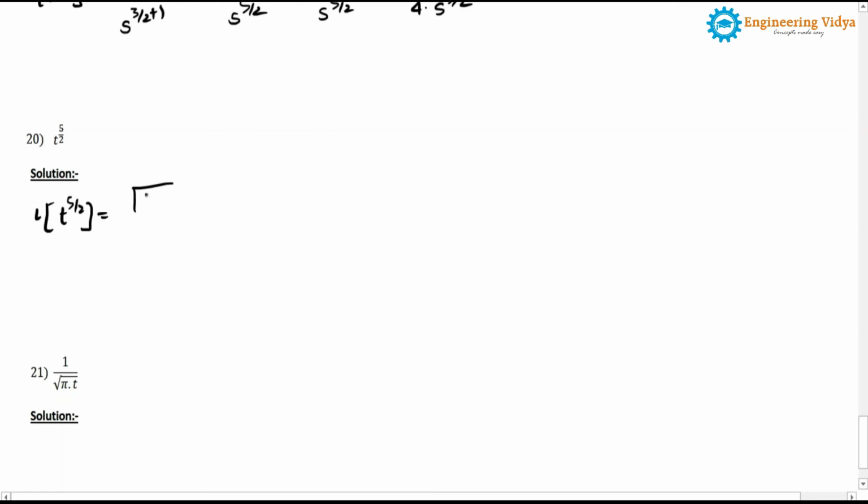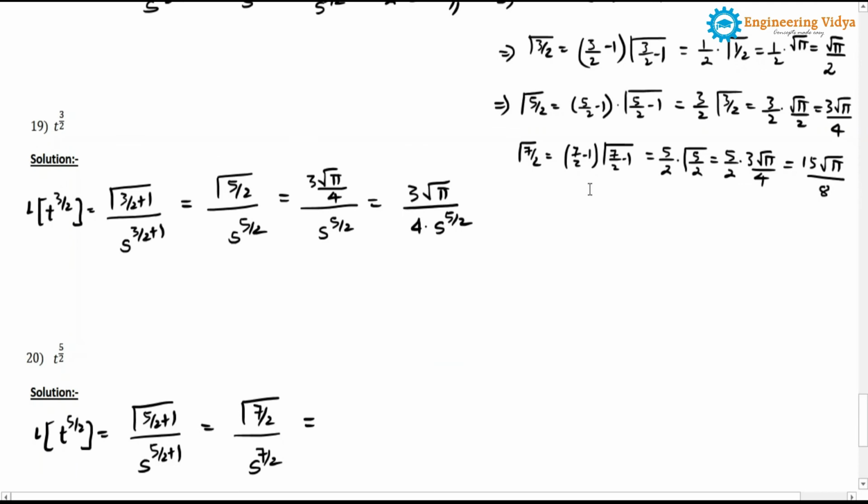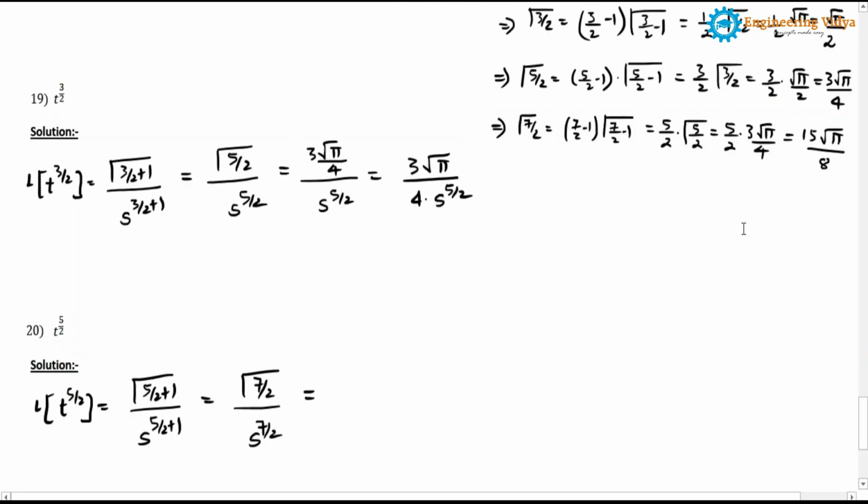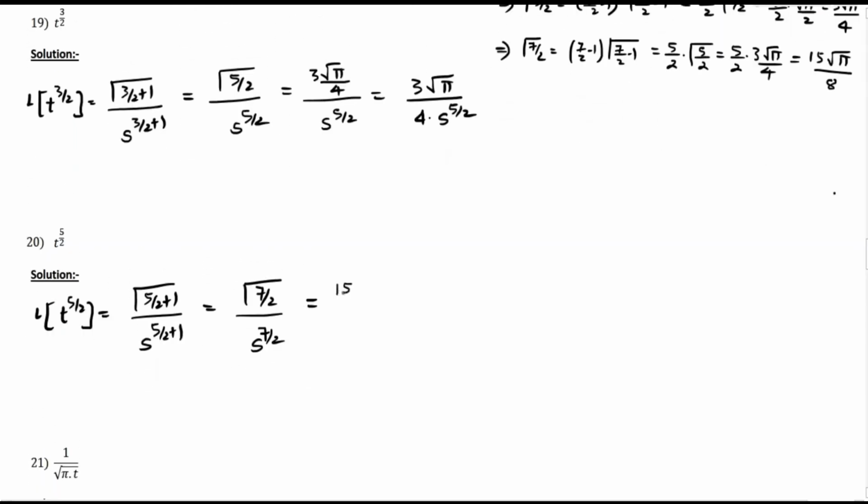So gamma of 5 by 2 plus 1 upon s raised to 5 by 2 plus 1, and here it will be gamma of 7 by 2 upon s raised to 7 by 2, and gamma of 7 by 2 has been already calculated, and it is nothing but 15 square root of pi divided by 8, and in the denominator we already have s raised to 7 by 2.